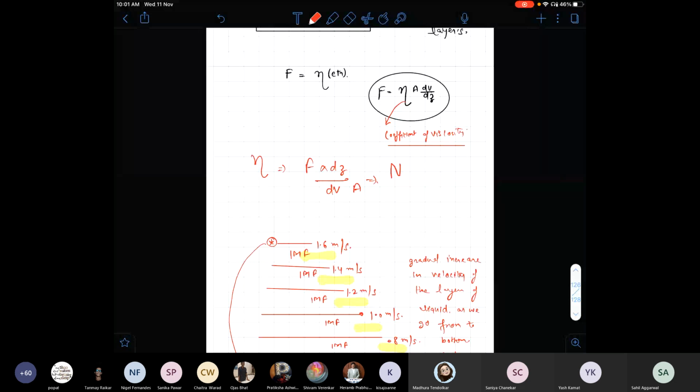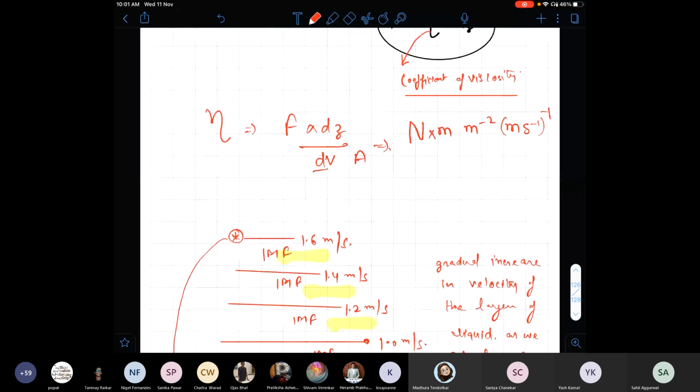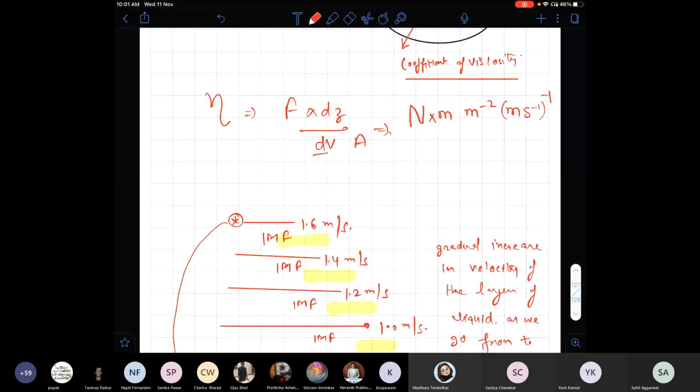Force is Newton, distance is meter, area is inverse, and velocity is meter per second का inverse. ये हो जाएगा Newton meter square inverse second will be the unit.